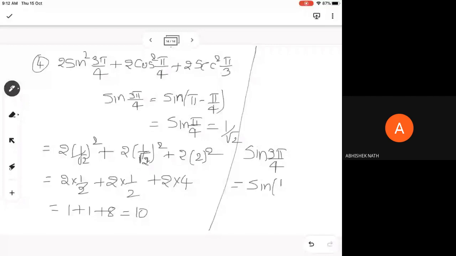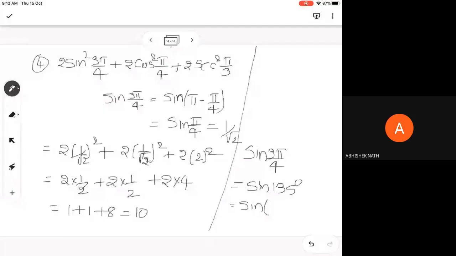Pi by 4 is 45 degrees. 3 pi by 4 is nothing but 45 into 3, which is 135 degrees. So sine 135 degrees, if you are taking into consideration, 135 can be written as 180 minus 45, or 90 plus 45 also you can write.